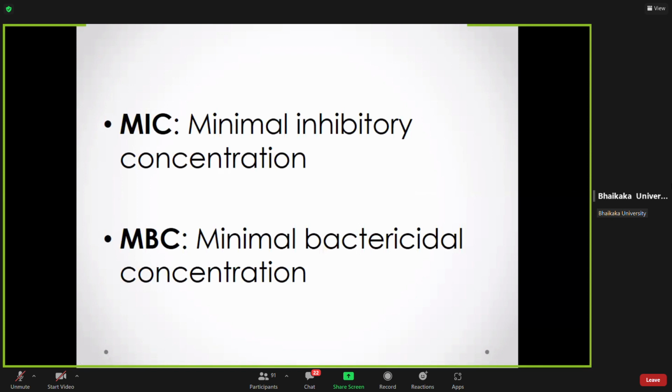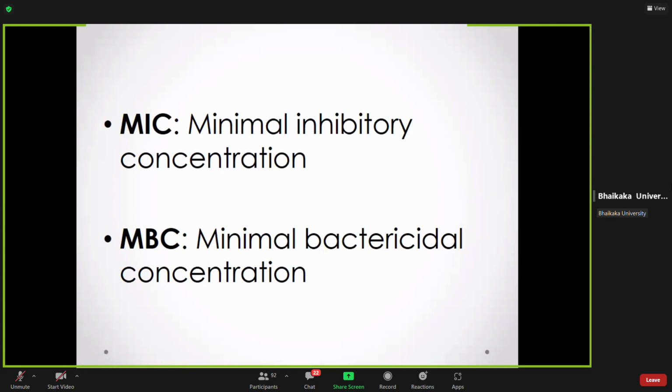So MIC breakpoints are very important to be understood, and they need to be taken care of well while you are giving antimicrobial therapy to the patient. While you are prescribing the doses, the MIC needs to be taken care of well.